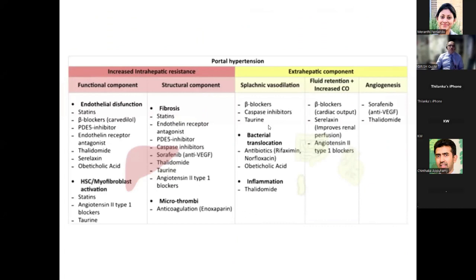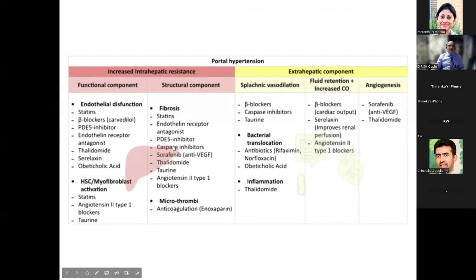There are now many more agents which will be available in the near future for the management of portal hypertension, depending on what mechanism or etiology or pathogenesis we target. Statins could be used and have had some effect. Obeticholic acid holds some promise here.